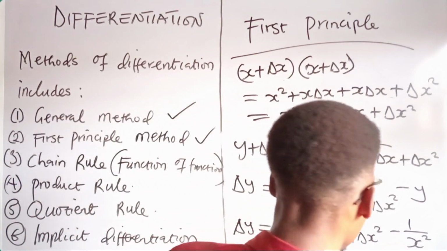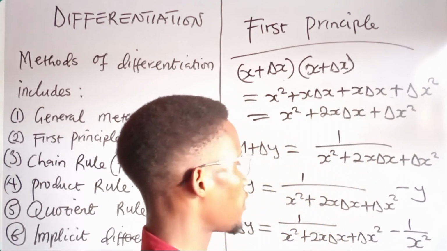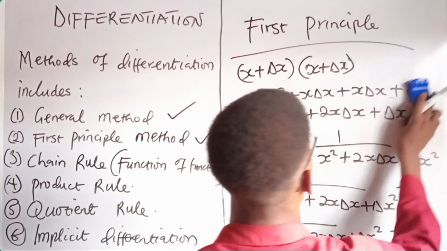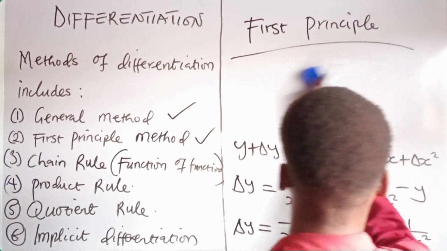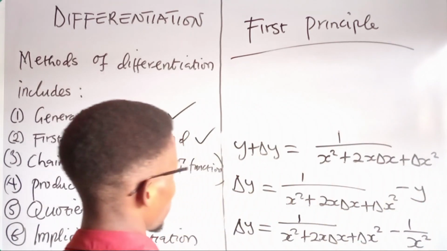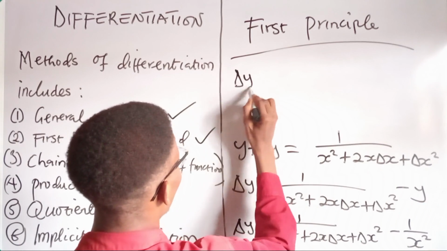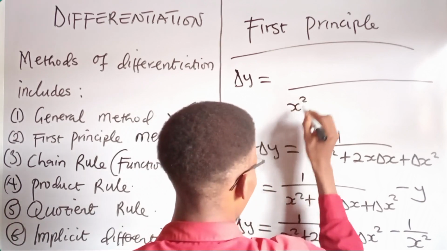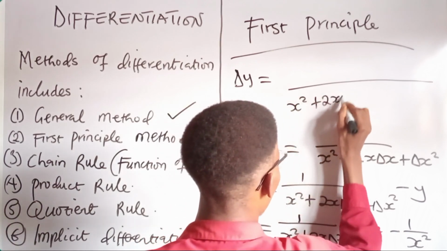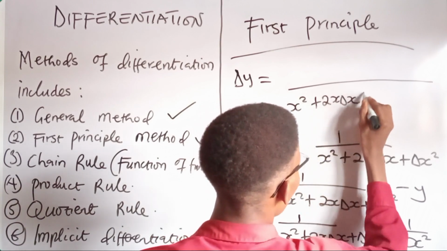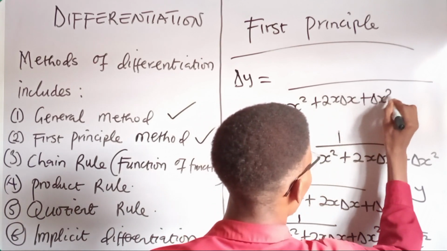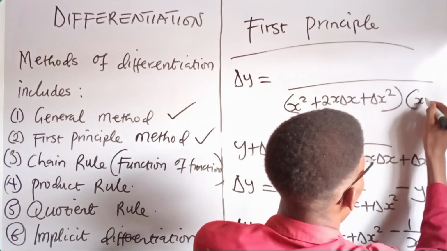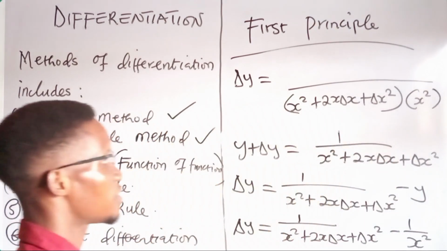Now, the next thing you need to do is to look for the LCM of the denominators. Which will now give us change in y is equal to the LCM of the denominator, which will be s squared plus 2s change in s plus change in s squared, then bracket, and the next one will be s squared. Alright, that is the LCM.